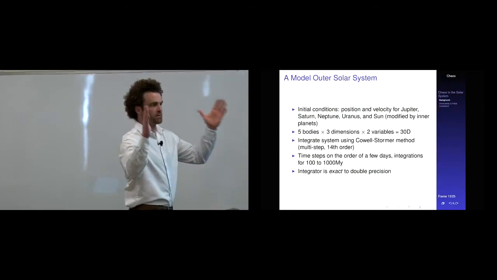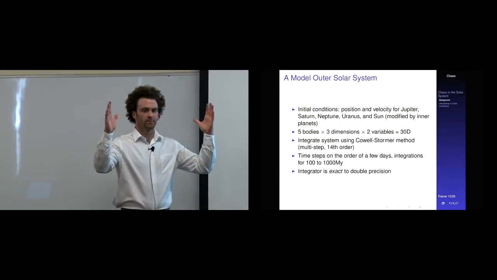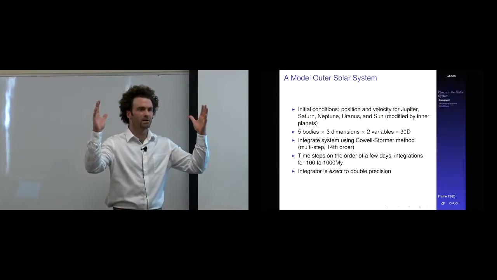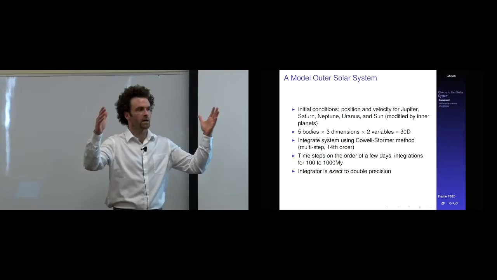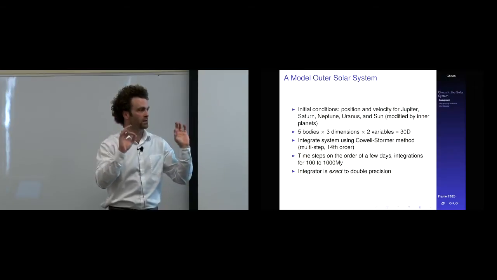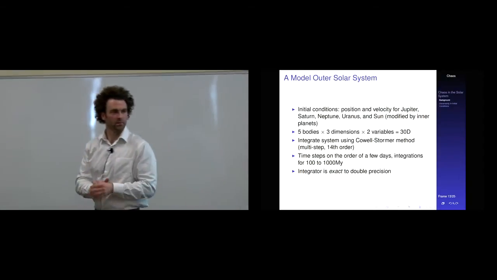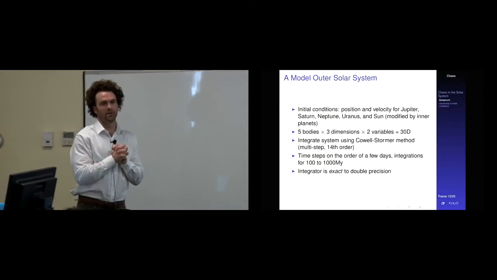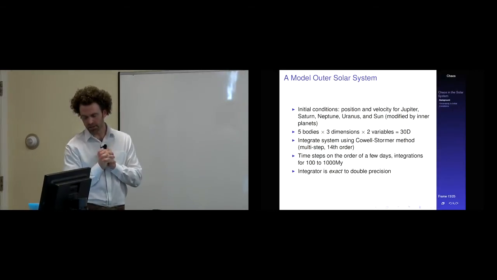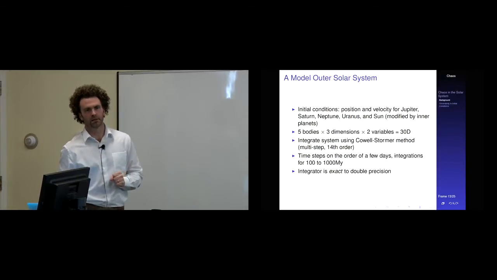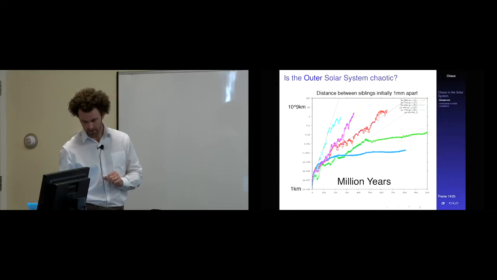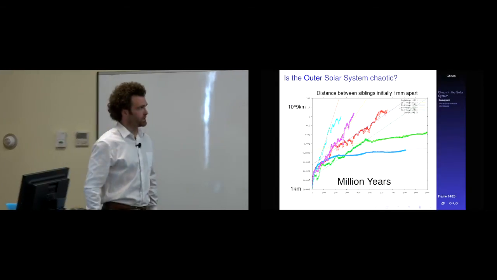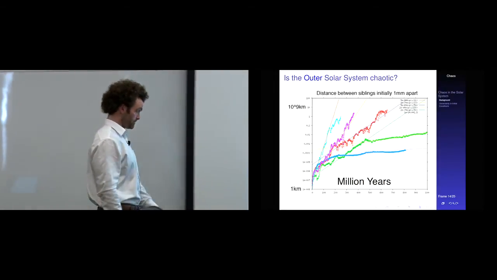So if you've given it 64 bits worth of position data, and then you integrate it 1 billion years forward in time, there's no error introduced by approximations and multiplication and division. It's one of these special ones that some of you tried to code up for the logistic map. And that's by design, because you want to preserve the significant digits that you have for a serious calculation like this.